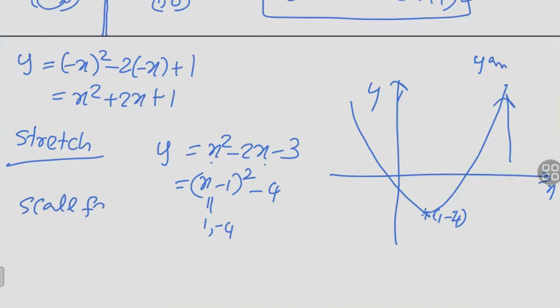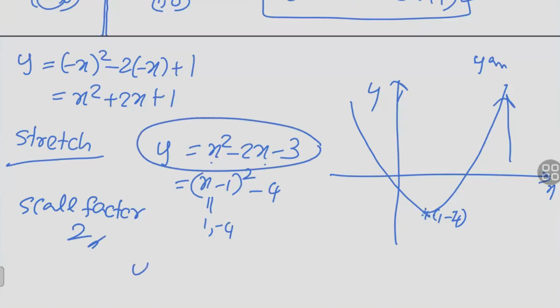Scale factor 2, this one is stretching 2 times. So 2 times stretching means the change is through the y-axis. This equation becomes y equals 2 times x squared minus 2x minus 3, right? So you should know, we can't just do it, we should know what the pattern of this is.